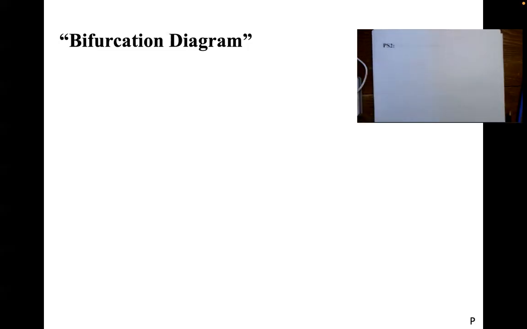So problem set 2 looks something like this. You don't have to use a for loop, you can use whatever you prefer. For, I don't know, R equals 1 to say 4 by 0.01 or something like that. So I'm running my for loop from 1 to 4 at the interval 0.01.